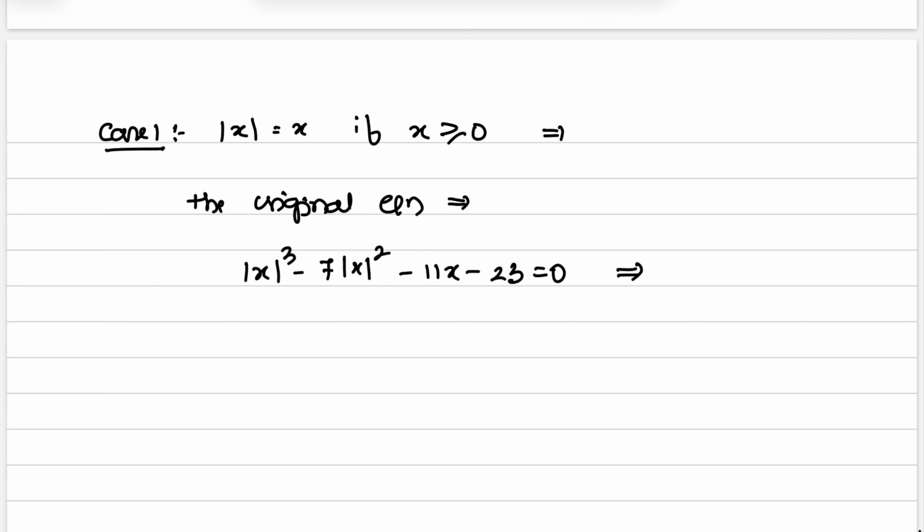Because absolute x can be replaced by x, since x is greater than or equal to 0, it will be x cube minus 7x square minus 11x minus 23 is equal to 0. This is the equation for case 1. Now, let us try to solve it.